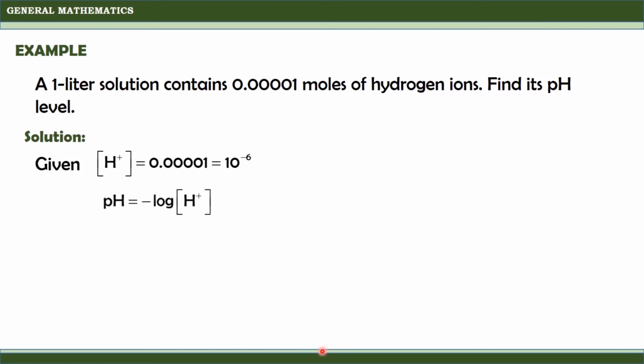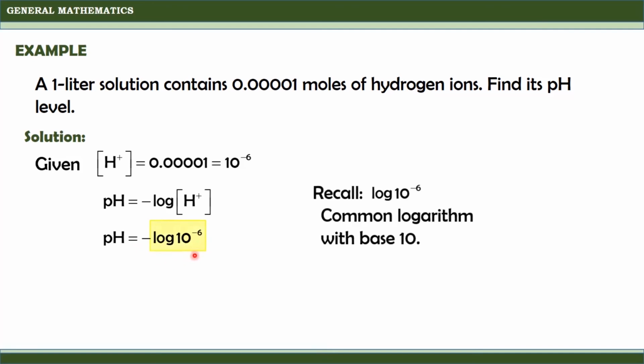Substituting the given H to our formula, we're gonna have pH is equal to negative logarithm of 10 raised to negative 5. Looking at this expression, recall that this logarithmic expression is a common logarithm with base 10.